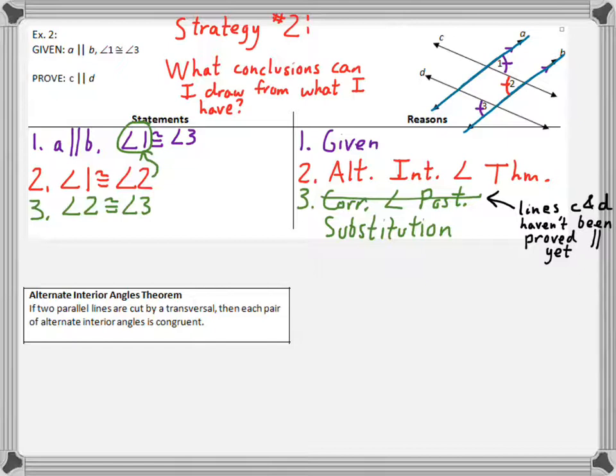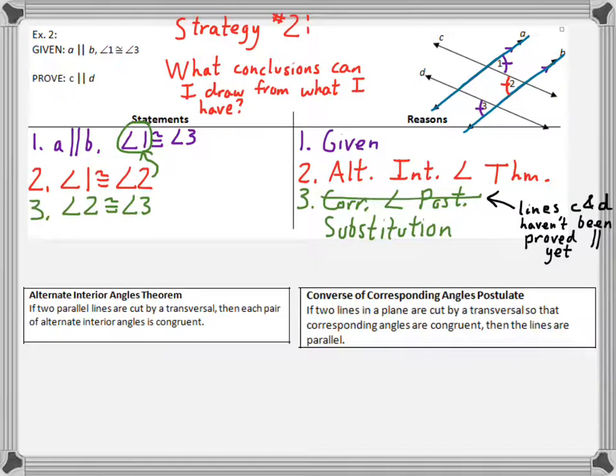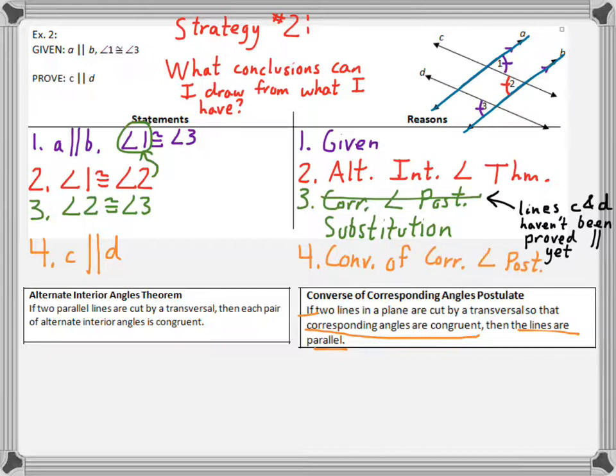Okay, so now that I've shown that angle 2 and angle 3 are congruent, now I have enough information to show that lines C and D are indeed parallel. This is because of the converse of the corresponding angle postulate. It says that if the corresponding angles are congruent, then I can know the lines are parallel. So I can say that C is parallel to D because of the converse of the corresponding angle postulate.